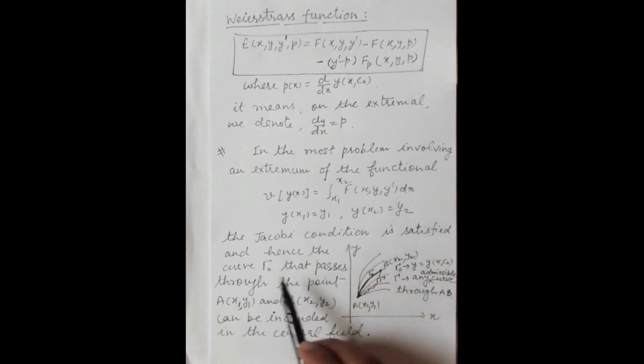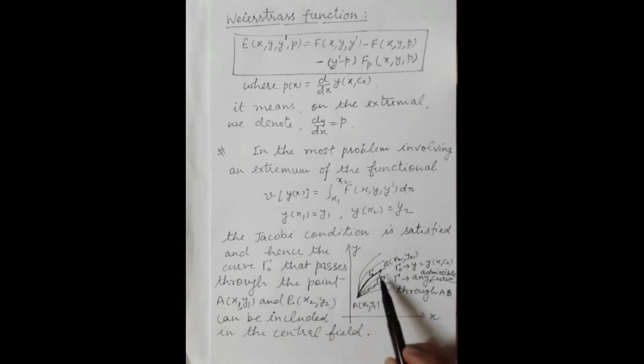Hence the curve gamma naught, which is an extremal of the functional passing through A and B, can be included in the central field.